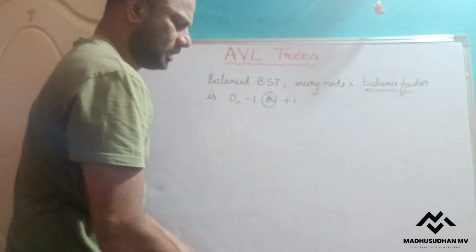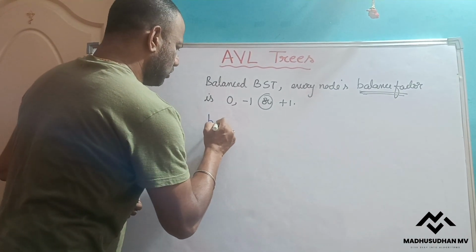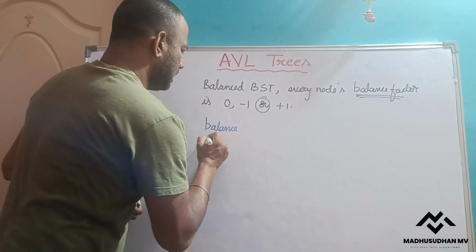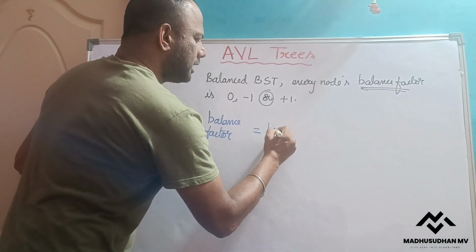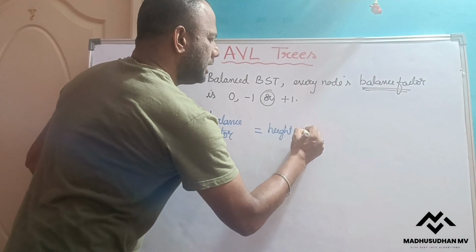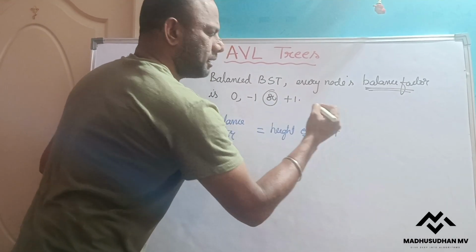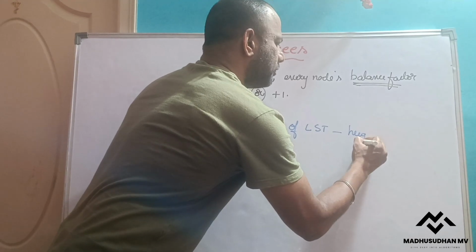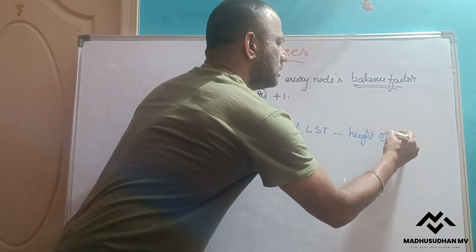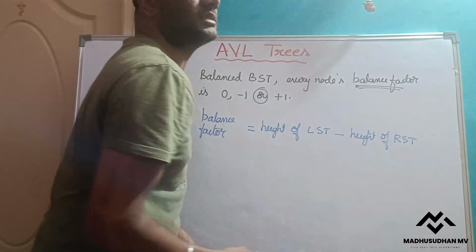Balance factor is equal to, now this is the formula you should know: balance factor is equal to height of the left subtree of a node minus height of the right subtree. That's it.